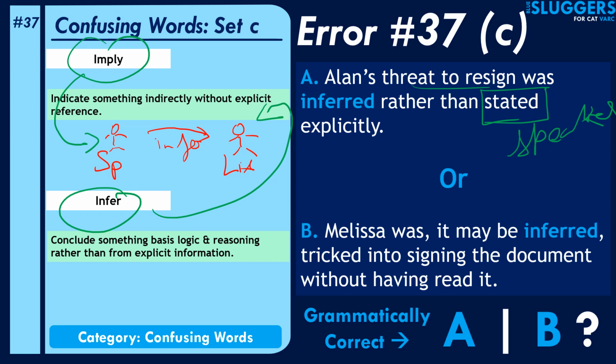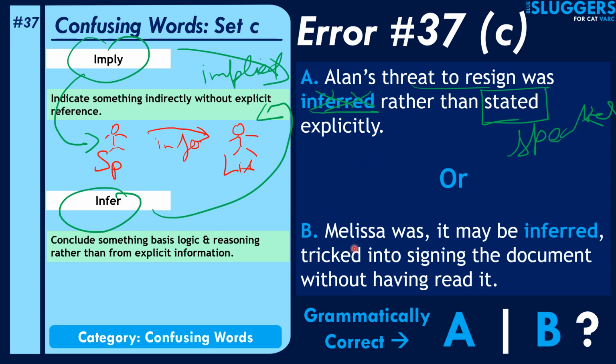Hence, if the action is on part of the speaker, the usage of the word inferred does not make sense here. It should rather be implied. So Alan's threat to resign was implied rather than stated explicitly.